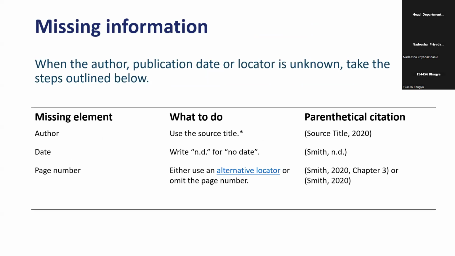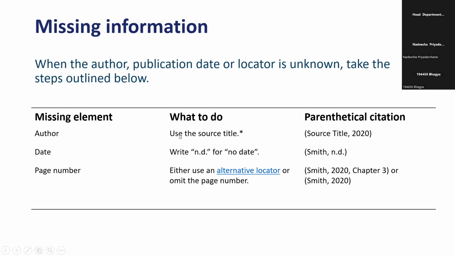Right. Then another problem we face when citing those articles is that there may be some missing information. We can't find the published year. Then what do we do? When the author, publication date, or locator is unknown, take the steps outlined below. If we are missing the author's name, use the source title.